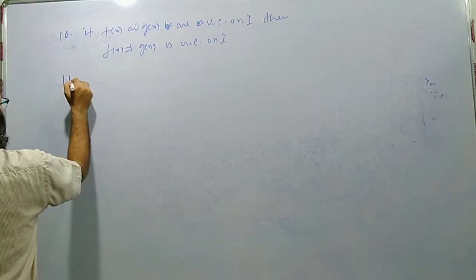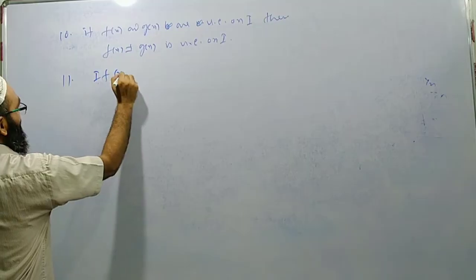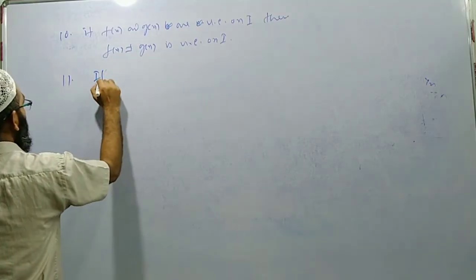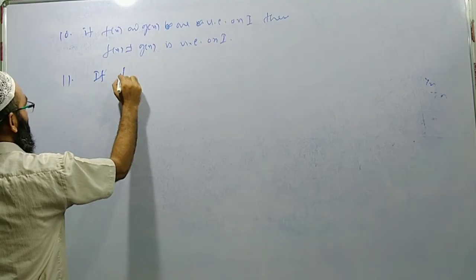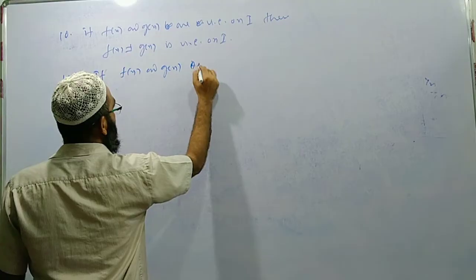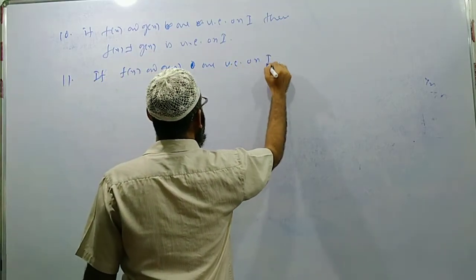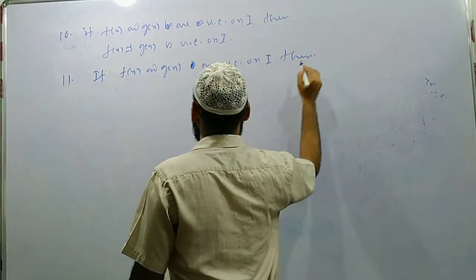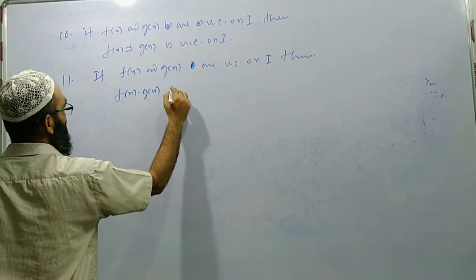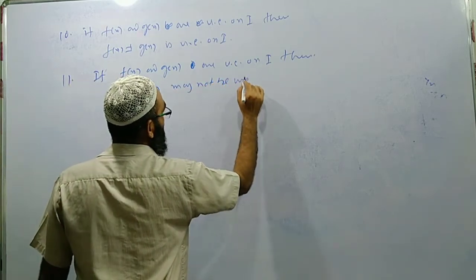Number 11: if f(x) and g(x) are uniformly continuous on I, then f(x) into g(x) may not be uniformly continuous.